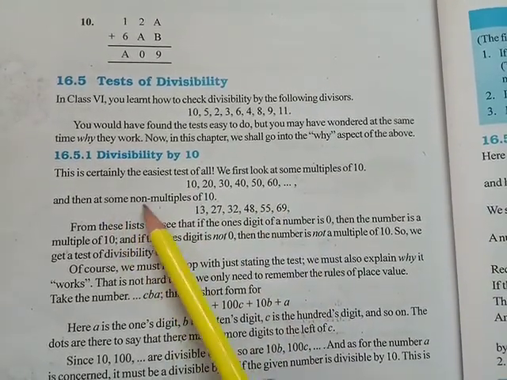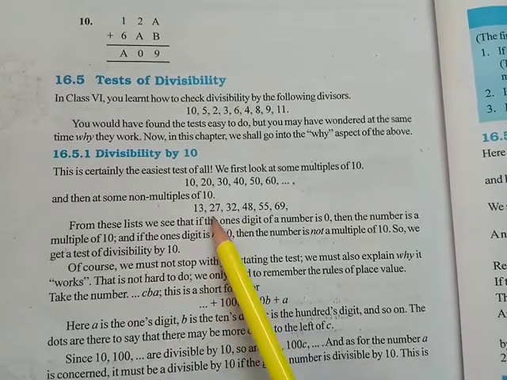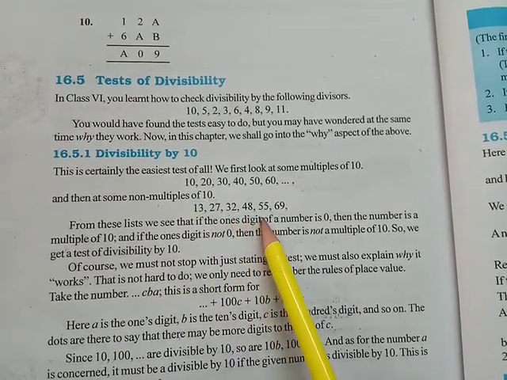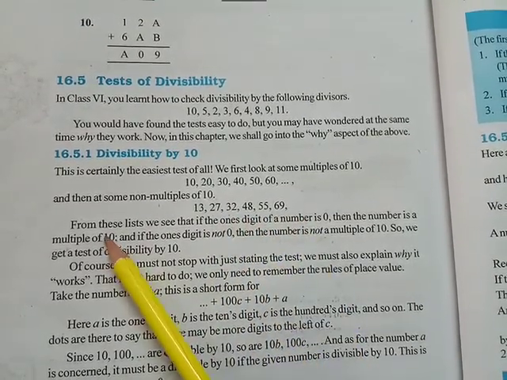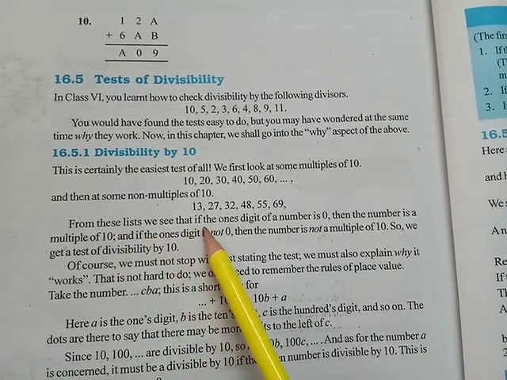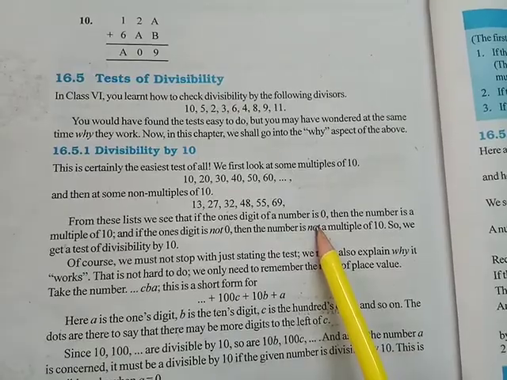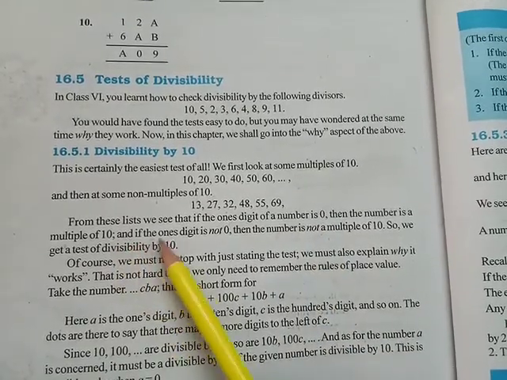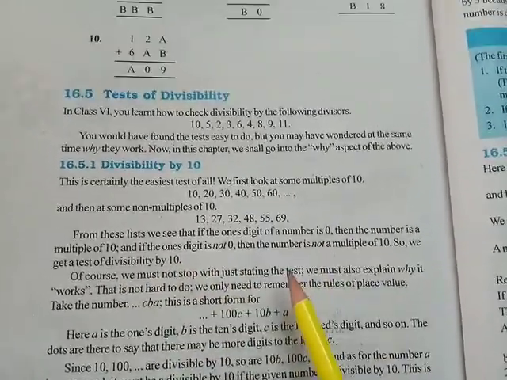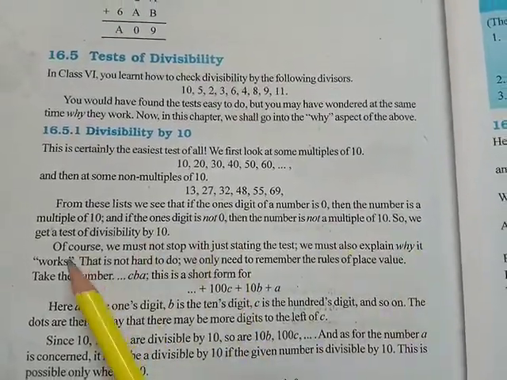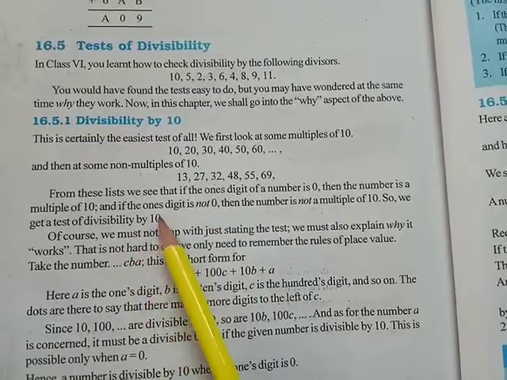And then at some non-multiples of 10: 13, 27, 32, 48, 55, 69. From this list we see that if the ones digit of a number is 0, then the number is a multiple of 10. And if the ones digit is not 0, then the number is not a multiple of 10. So we get a test of divisibility by 10.